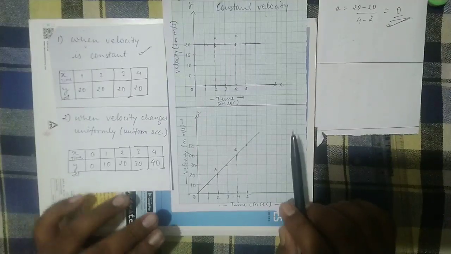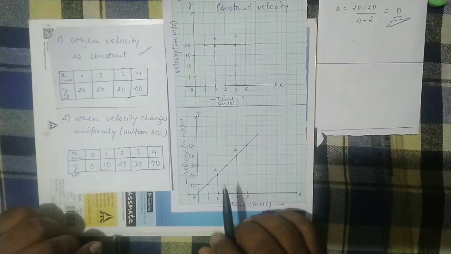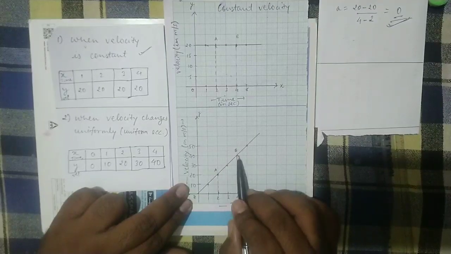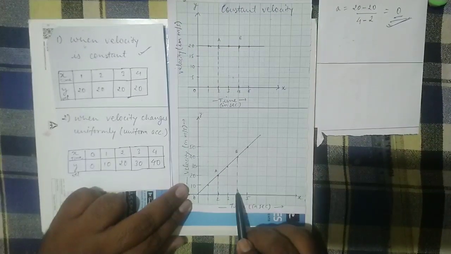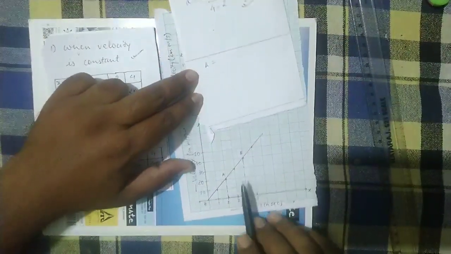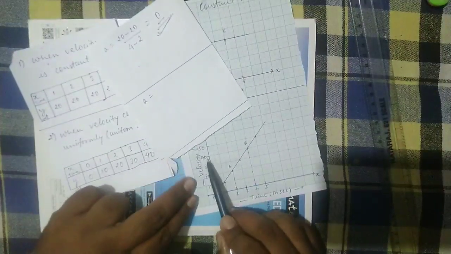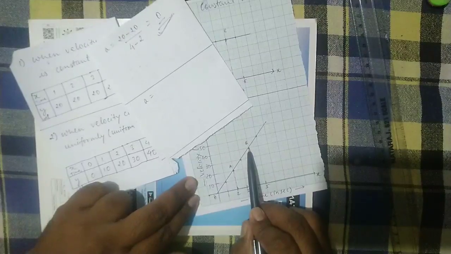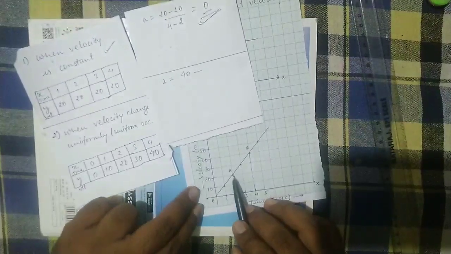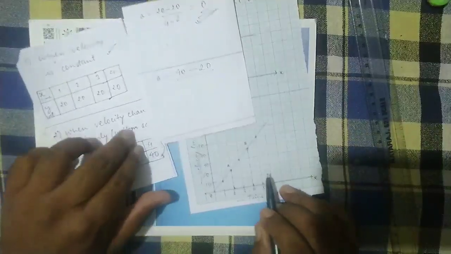Now to calculate the acceleration in the same graph, we will take any two random points. I'm taking these as A and B, and I'm drawing a perpendicular. For the calculation, it is final velocity minus initial velocity. Final velocity here is 40, minus initial velocity, which is 20, by the difference in time.